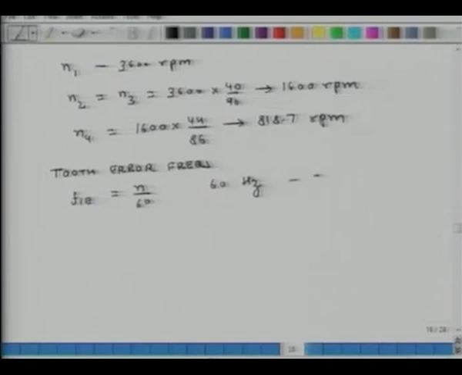For gear 2 and 3 it is 26.7 hertz, and for gear 4 it's 13.6 hertz. Okay. So, remember this.